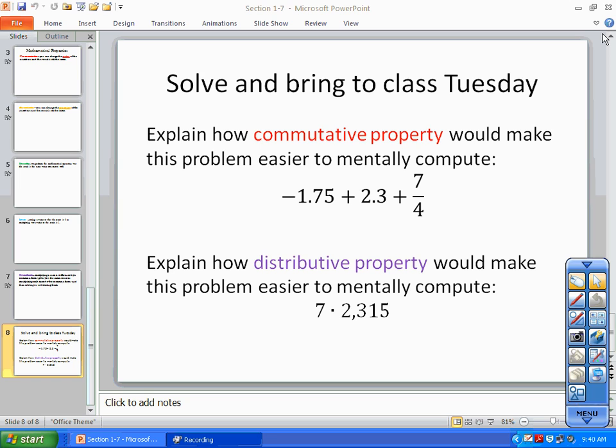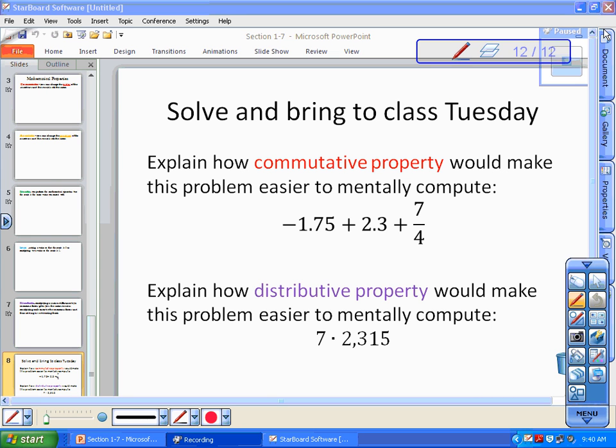Please know that yes, having a final answer to this question is important, but what I'm really looking for is how you can use the commutative property to make it easier. What I might suggest is for you to work it both ways. Start by working this problem left to right as order of operations states, and then see if you can apply the commutative property to make that problem a bit easier mentally.